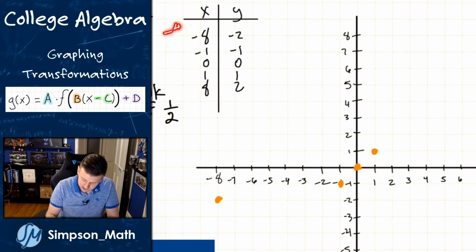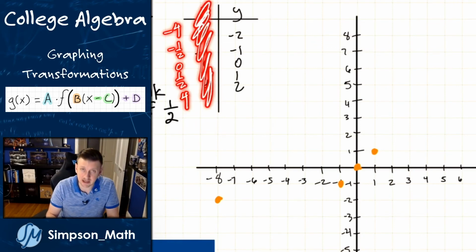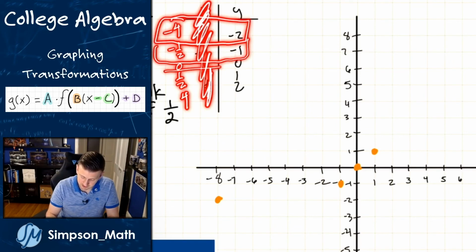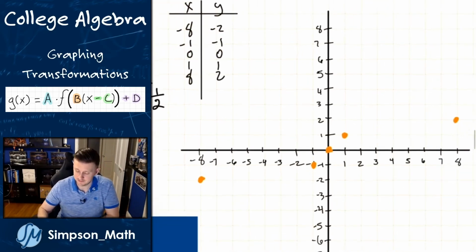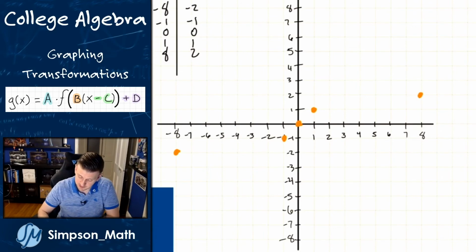So let me write those again: -4, -1/2, 0, 1/2, and 4. Disregard the original x completely, and then graph -4, -2, -1/2, -1, 0, 0, 1/2, 1, and 4, 2, and we're good to go.